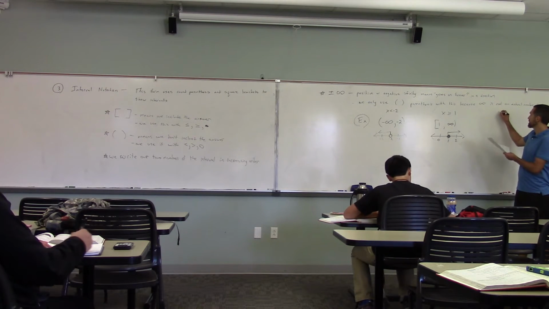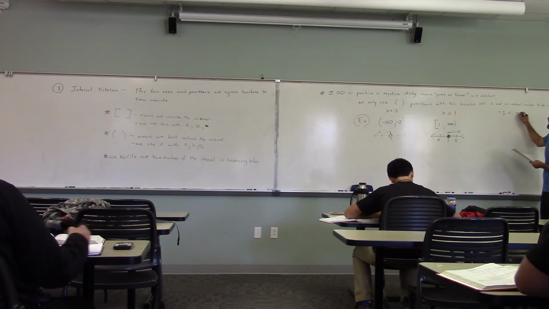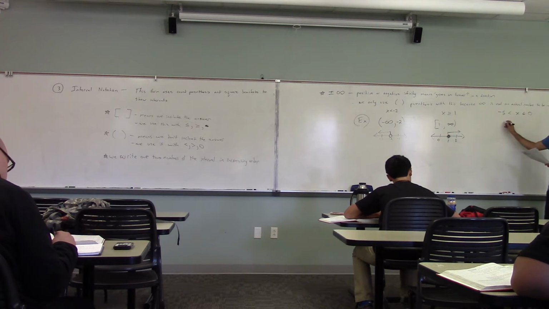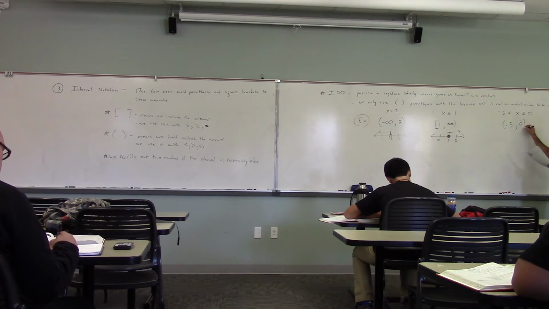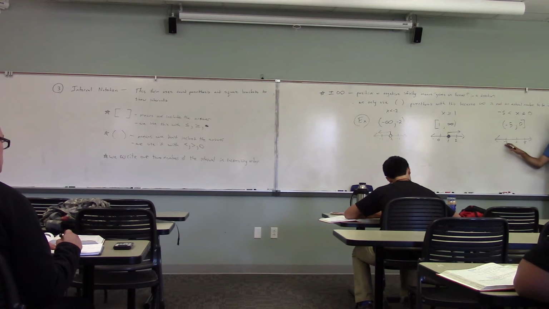And then the last one is -5 is less than x is less than or equal to 0. We would have -5 not included, include 0, square parentheses. And that's exactly equivalent to -5, 0, 5. See how I can switch the intervals? As long as it's equal, I can go by 5.